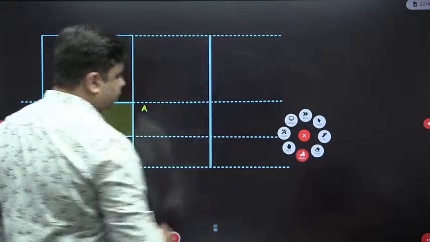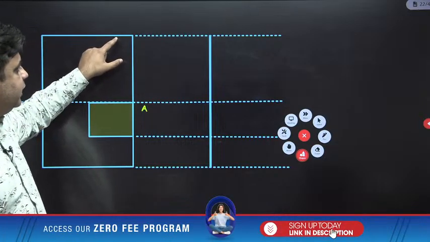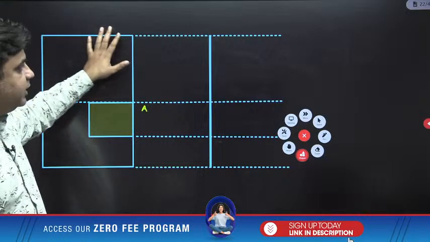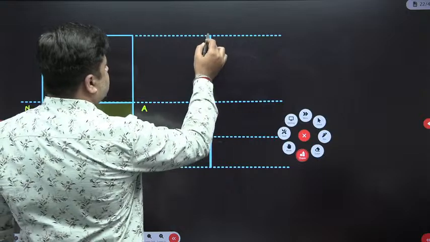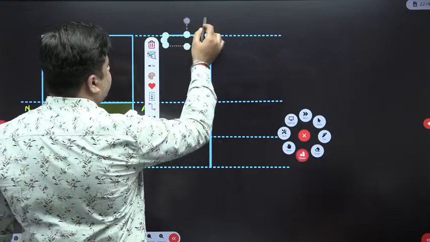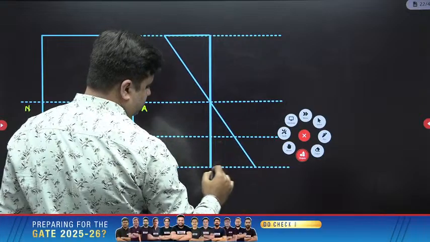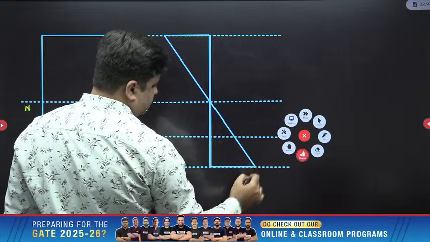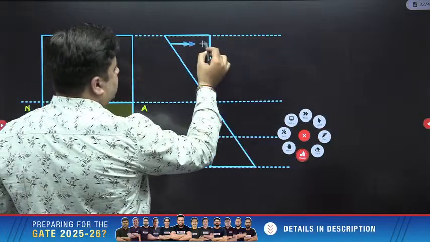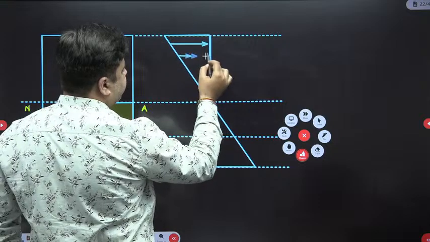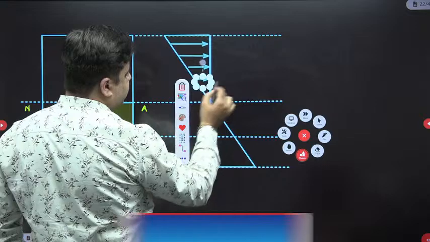It's a positive moment, so a positive moment will cause sagging of the upper fibers, compression in the upper fibers and tension in the bottom fibers. So this is how the bending stress distribution will vary. This is the bending stress distribution for this beam: compression in the top fibers and tension in the bottom fibers.